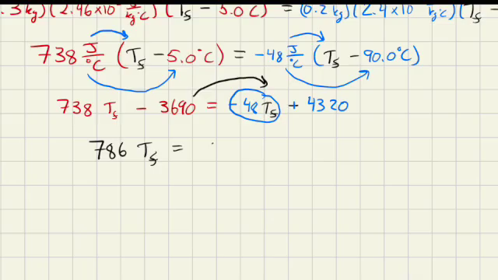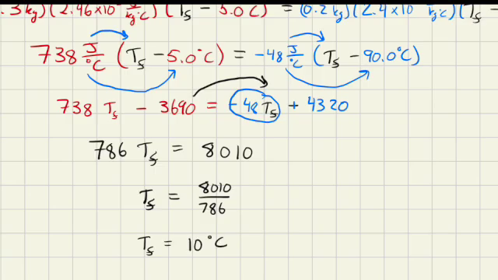That's going to be equal to 8,010. Now, in order to get TF by itself, we just divide 8,010 by 786. And your final temperature is going to be equal to, hopefully you get this, 10 degrees Celsius. Or I believe it's something like 10.2. But with significant figures, it's going to be 10 degrees Celsius.